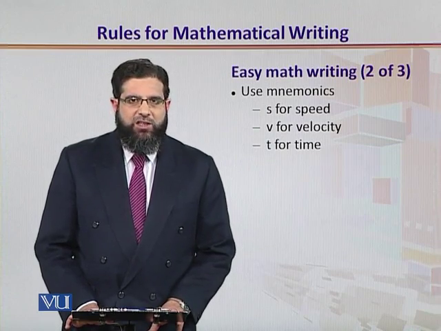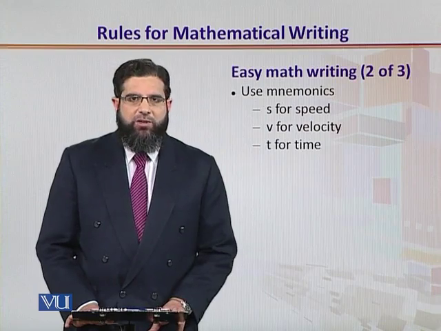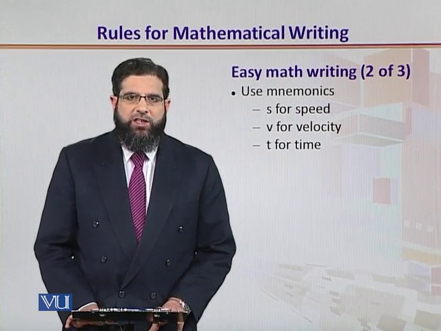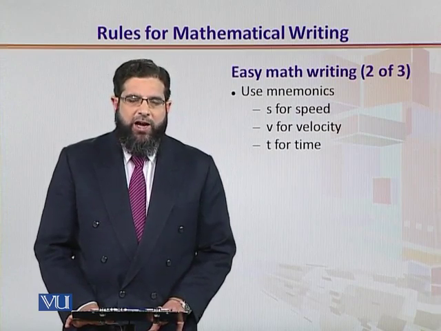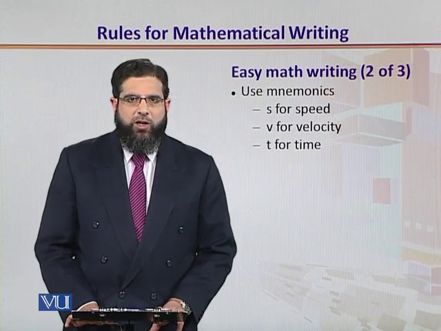For example, S has to denote speed, V for velocity, and T for time. Mixing up these or not taking care of these could actually hinder your understanding, and you would not be able to make a mathematical expression that is easier to understand by others.